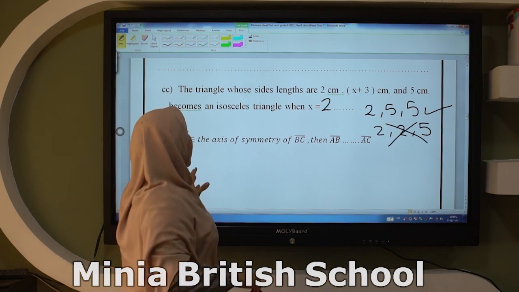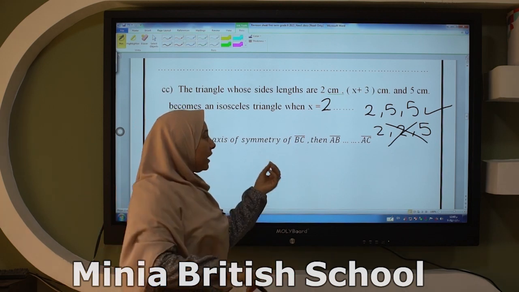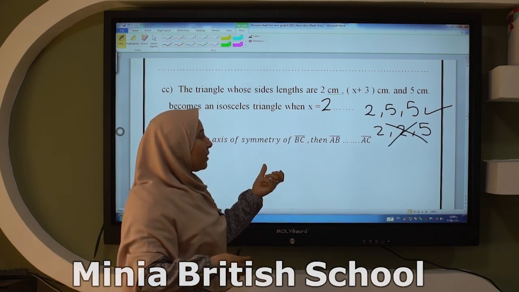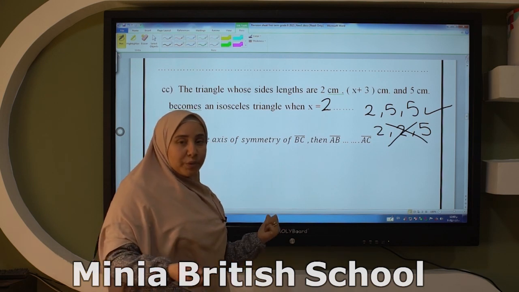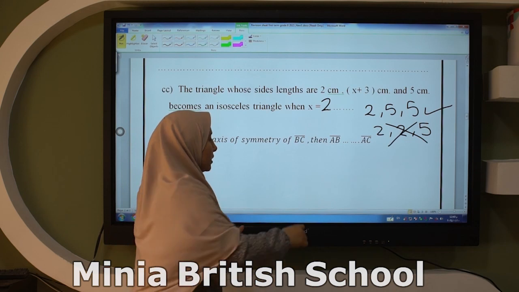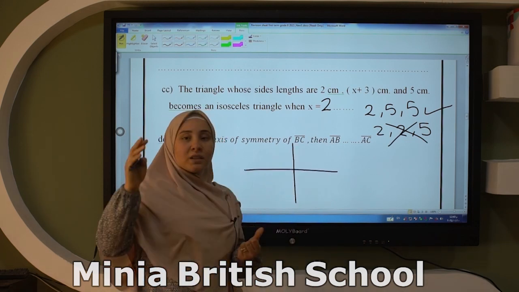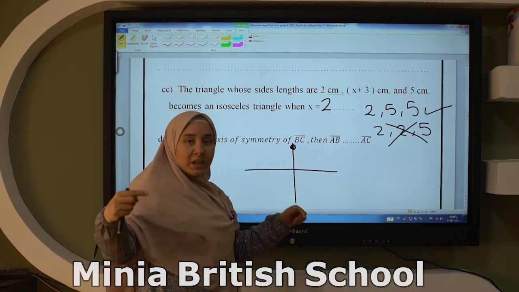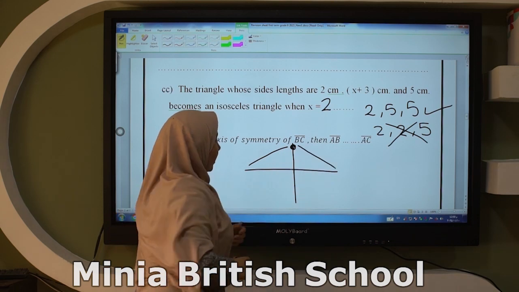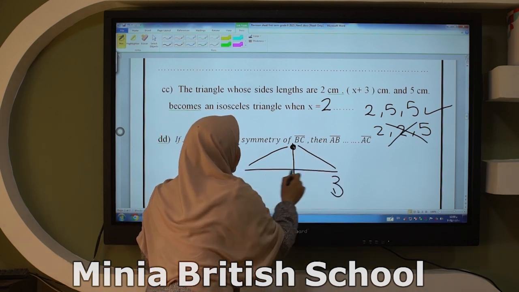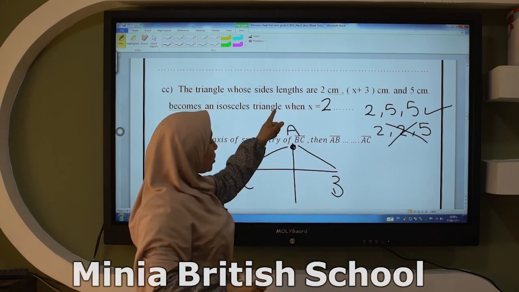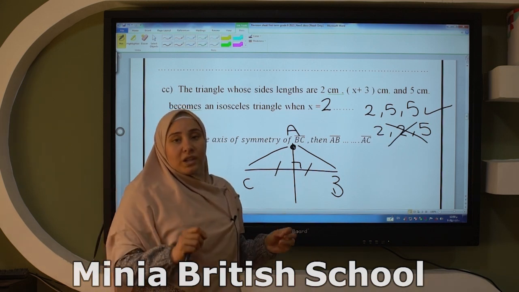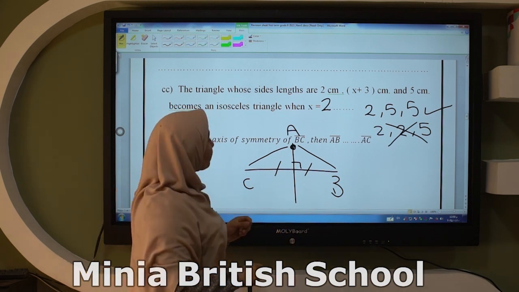The last one in the complete questions: if A belongs to the axis of symmetry of PC, then what is the relation between the line segment AP and the line segment AC? I said before that any point that lies on the axis of symmetry of a line segment is equidistant from its terminals. Here the line segment is PC, and point A lies on its axis of symmetry, which is perpendicular to the line segment at its midpoint.